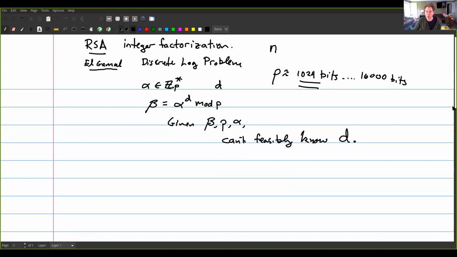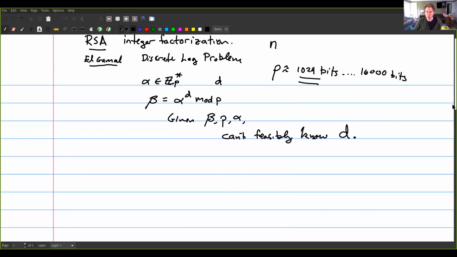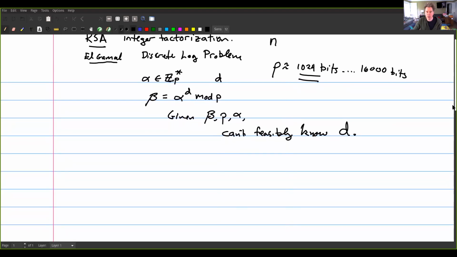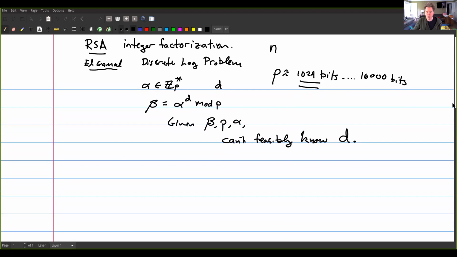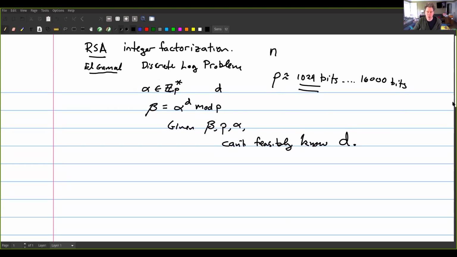So the good thing about elliptic curve cryptography, the reason it's so interesting, is that you don't have to have these huge bit lengths. To have 256-bit security with elliptic curve techniques, you only need 512-bit keys. So it's a factor of 2.